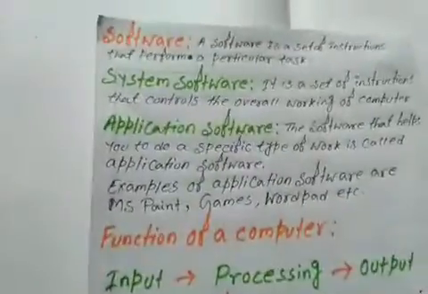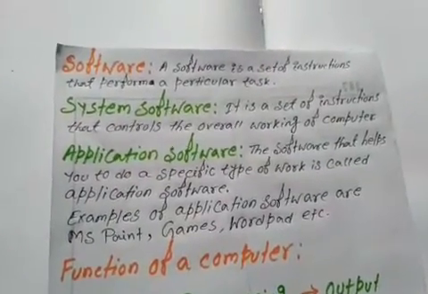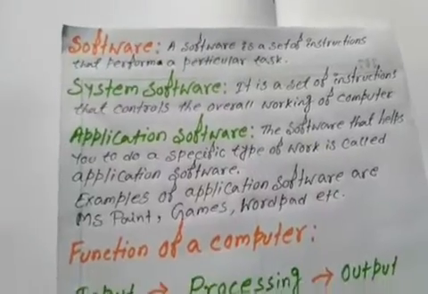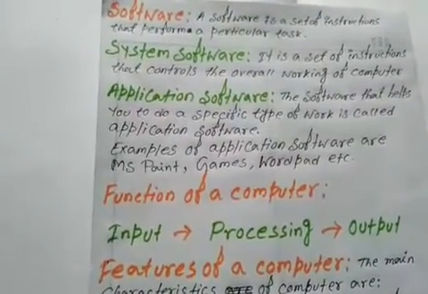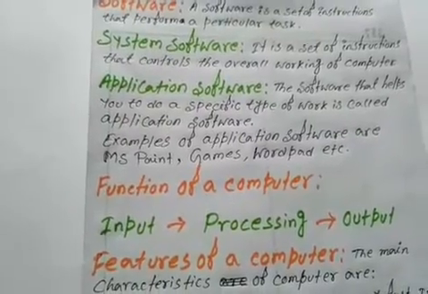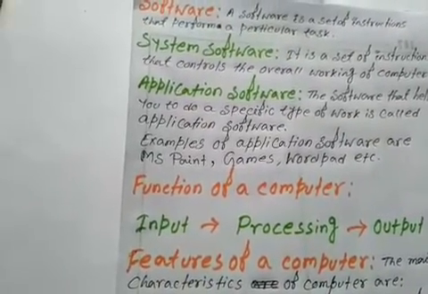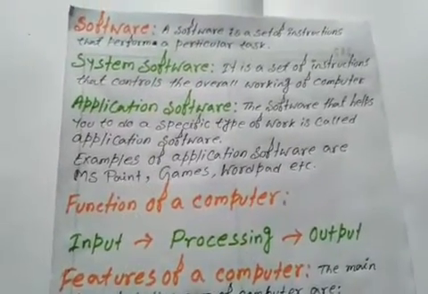Then we will discuss software. A software is a set of instructions that performs a particular task. Actually, the hardware of a computer cannot work on its own. It needs instructions that make the hardware work. Then system software.